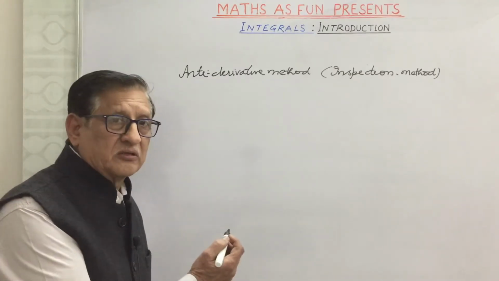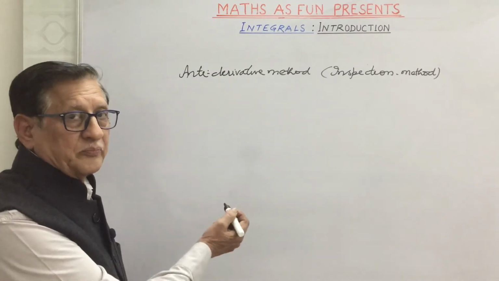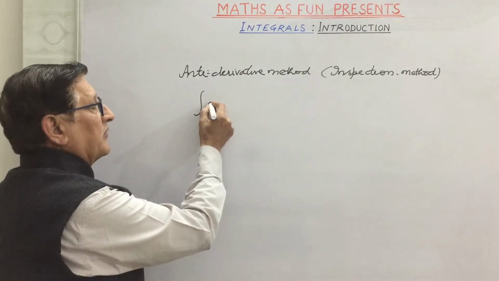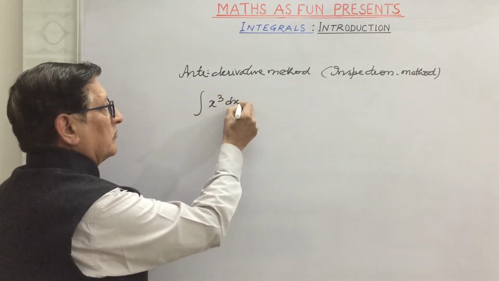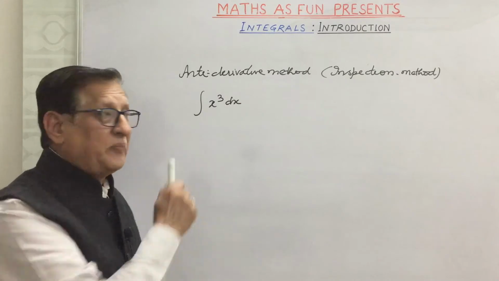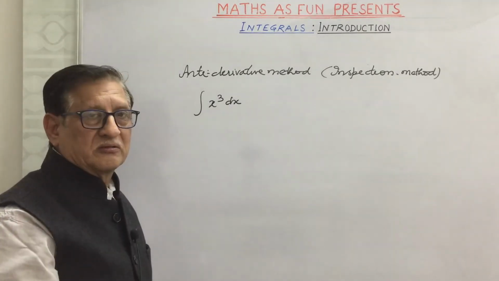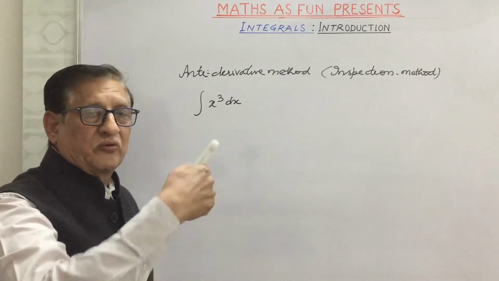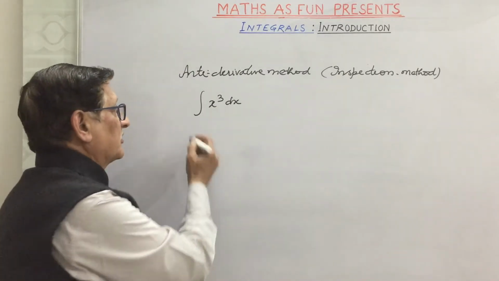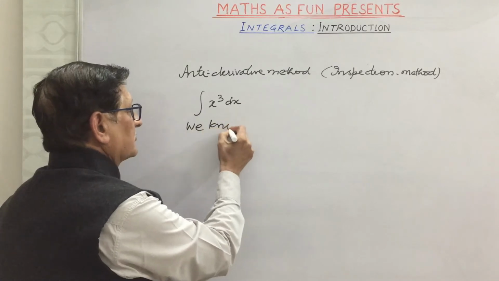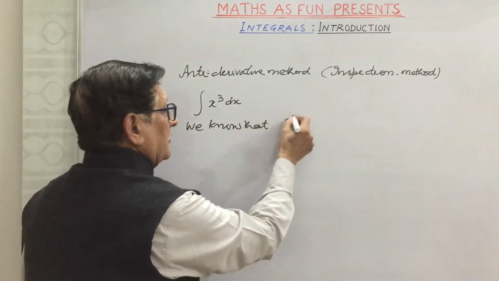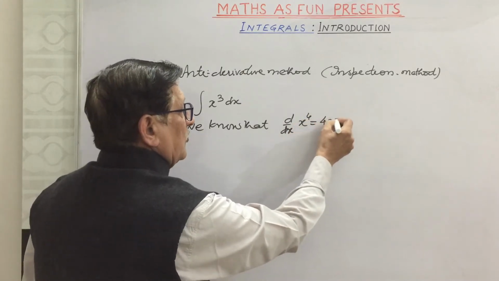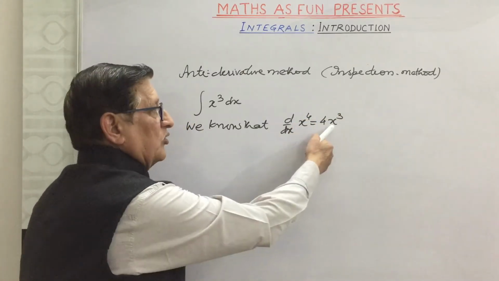What we do in this method, let's learn it with some examples. Suppose we are to find the integral of x cube by using inspection method. Then what we do? We know that x cube is the derivative of x power 4. d by dx of x power 4 is 4x cube, but we want only x cube.